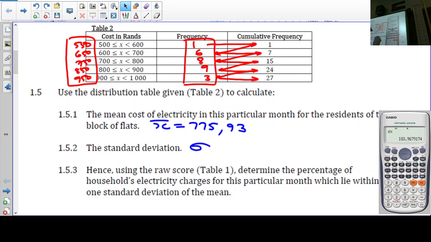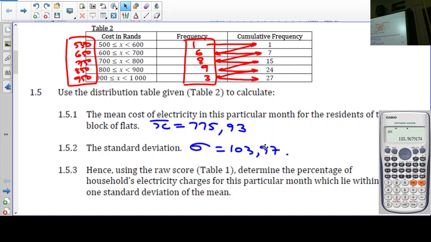Press equal to, gives me 103.9697, just standard deviation. That tells you how far or how close the data is to each other, or how far the data is deviating from the mean. It's moving away from the mean value.